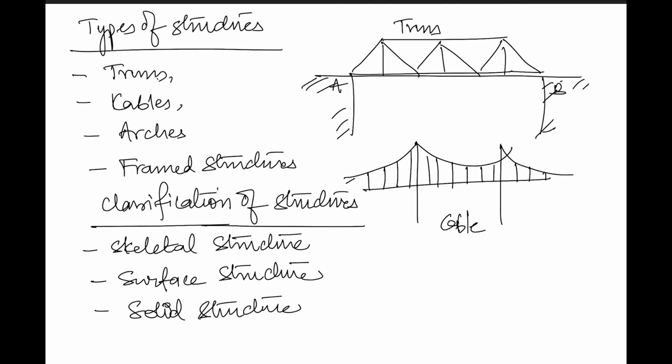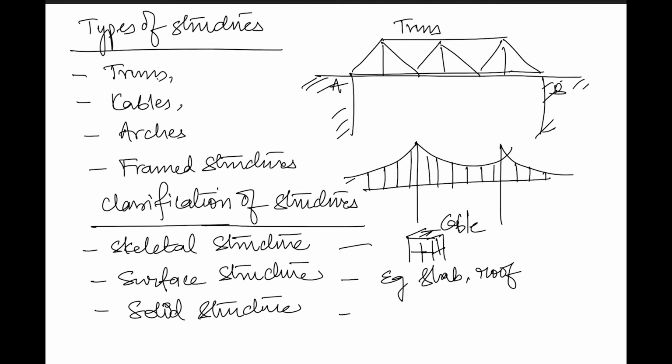So these are the three types of classification of structures, wherein this is a skeletal, this is the frame of the building, which we have covered in the previous slide. Now they can be a surface structure, you can take as an example a slab, right, the roof of a house, etc.